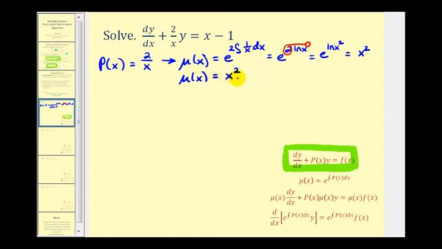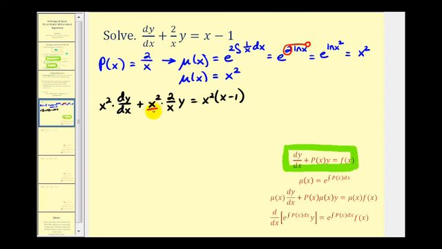Now we'll multiply both sides of the differential equation by x squared. So that would give us x squared times dy dx plus x squared times 2 over x times y equals x squared times the quantity x minus 1. Now let's go ahead and simplify this a little bit.